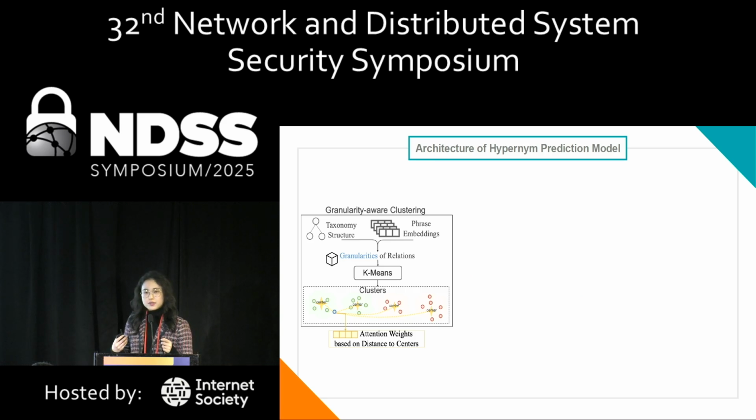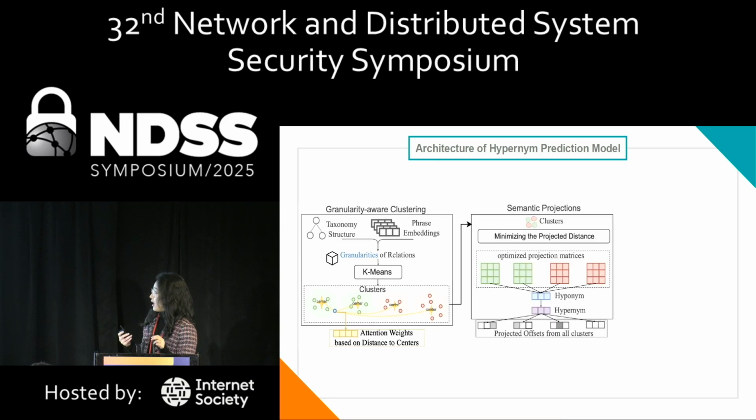In the next few slides, I will briefly introduce the high-level architecture of our method. It first groups different hypernym pairs into different clusters based on the granularity layers, and at the same time, it computes a set of attention weights based on the distance of the hypernym pairs to the centers of each cluster.